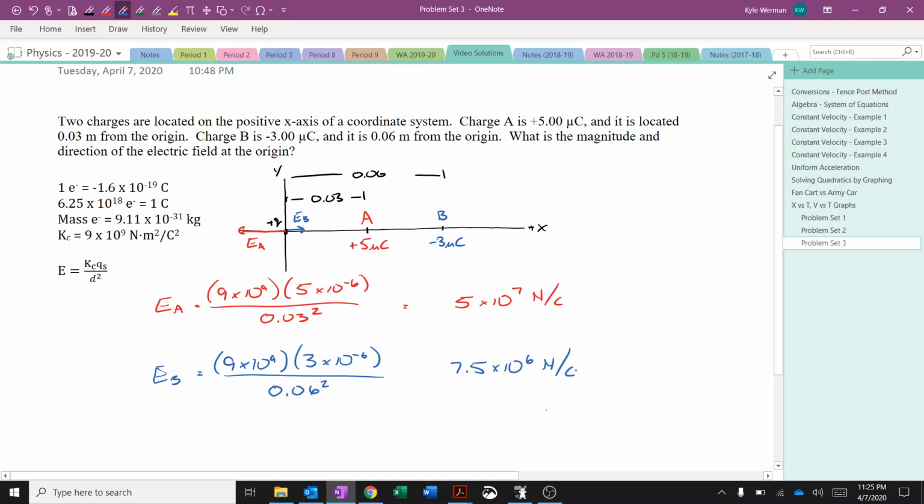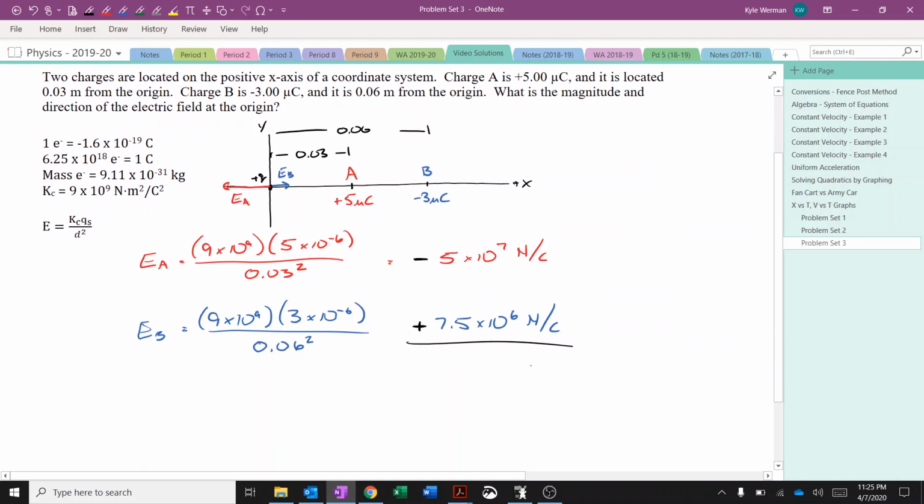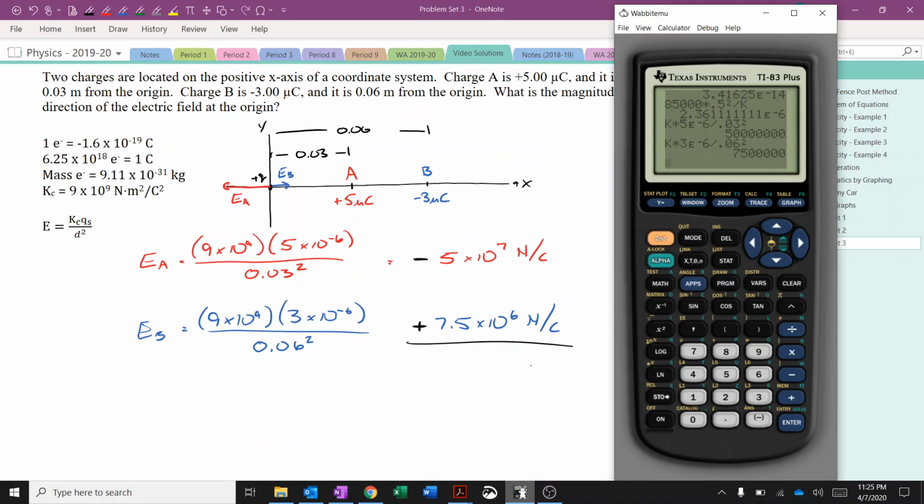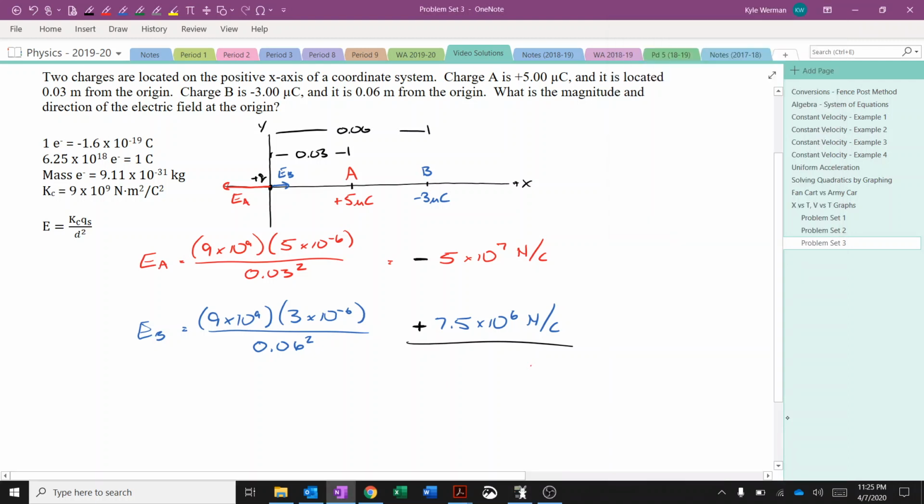Newtons per coulomb. We're going to be adding these as vectors, and let's look at our picture. Well, I drew an arrow to the left for A, so I'm going to put it as a negative, and an arrow to the right here, so I'm going to make it positive. And when I add these numbers together, if I have 5 E to the 7, well, that's my negative one, negative 5 E to the 7, plus 7.5 E to the 6, I get negative 4.25 E to the 7, which kind of makes sense.